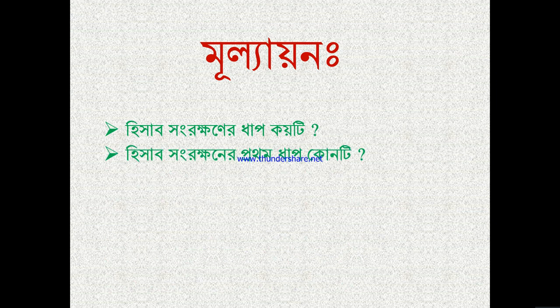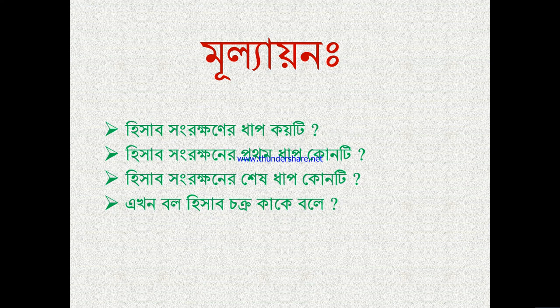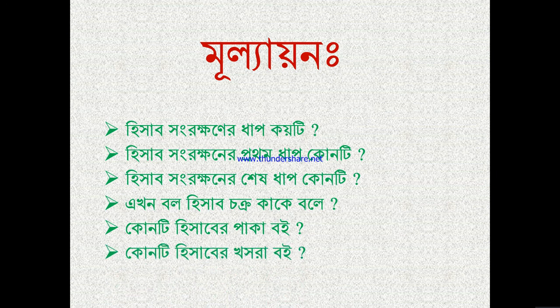Number 2, what are the first steps of the accounting cycle? What is the last item of the accounting cycle? Now tell us or define the accounting cycle. Which account is called the final books of account, and which one is the books of workings?